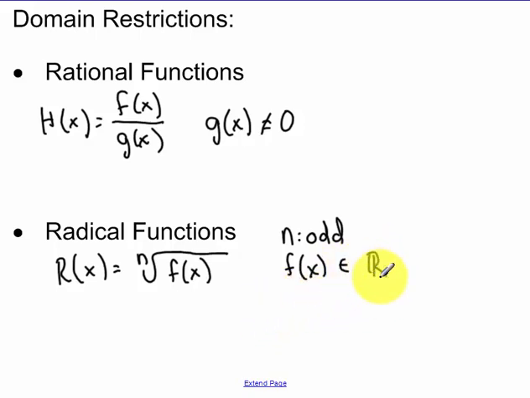Okay, so I can have any real number in there for my function because I can cube root a positive number or a negative number. But if the root that you're taking is even, then that function must be greater than or equal to 0.